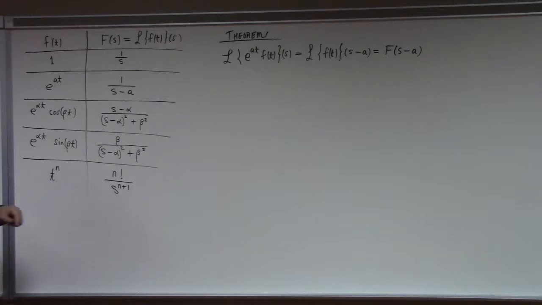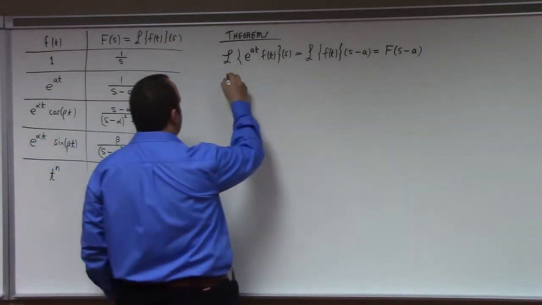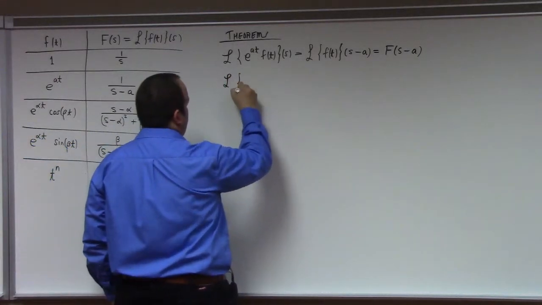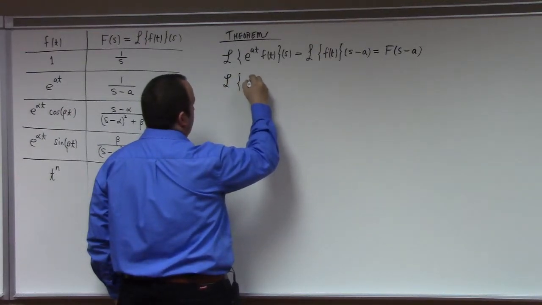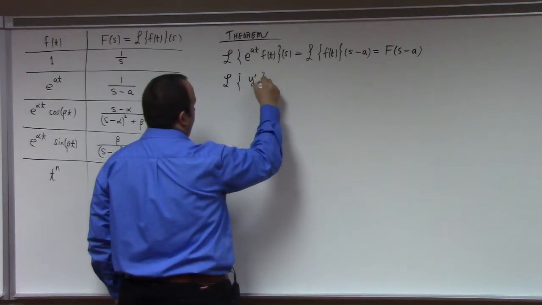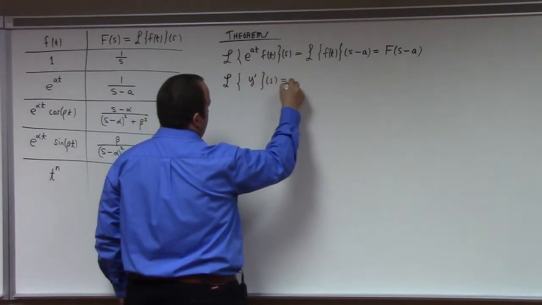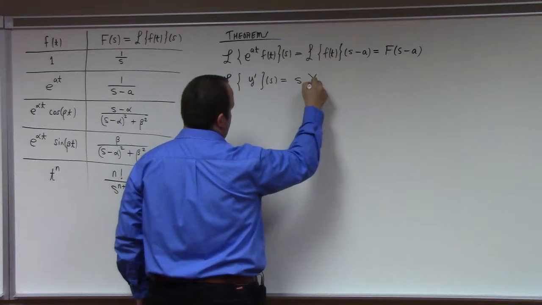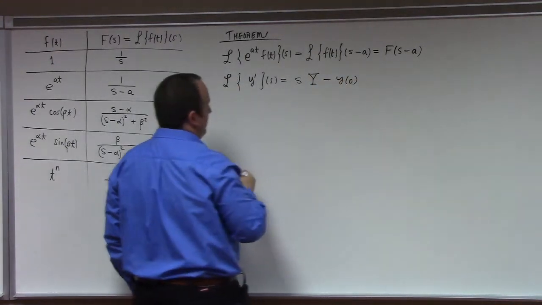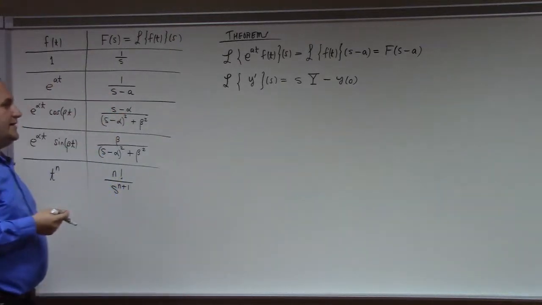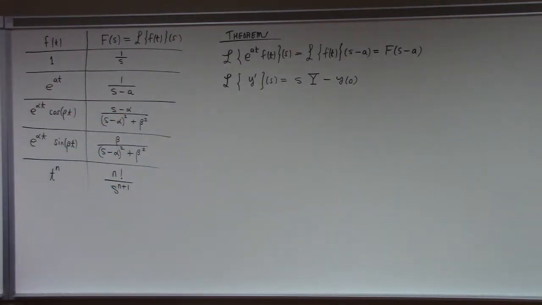The other theorem we learned, which is probably the most important theorem, is that the Laplace transform of the derivative y prime is equal to s times the Laplace transform of y minus y of 0, right? That assumes that y has exponential order alpha.